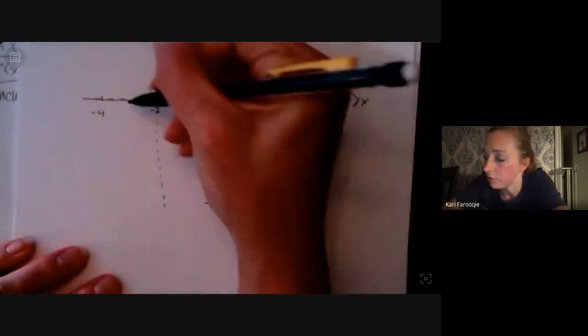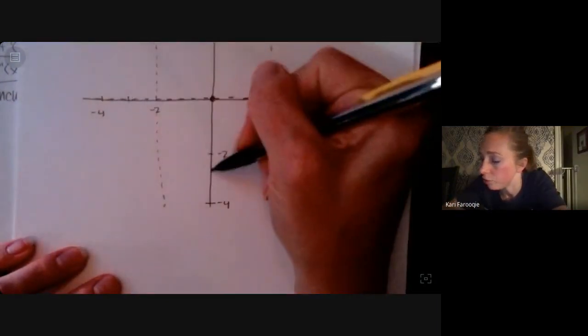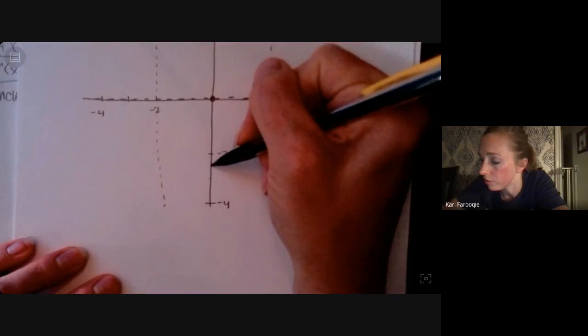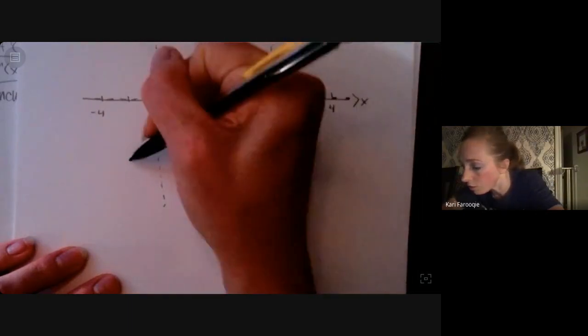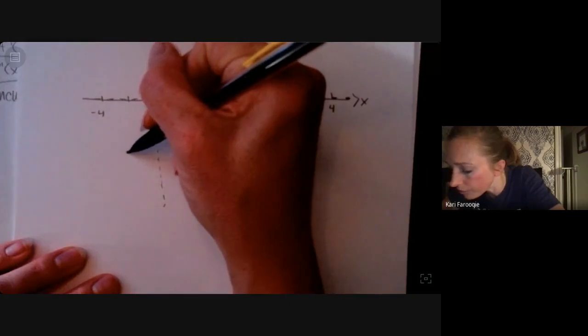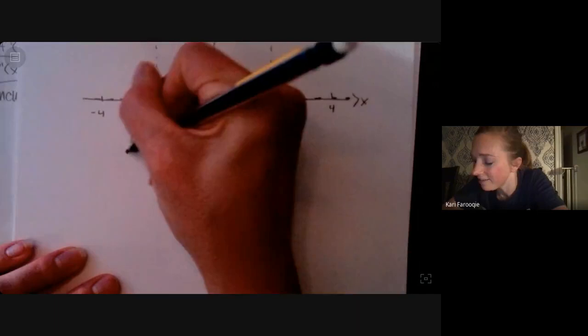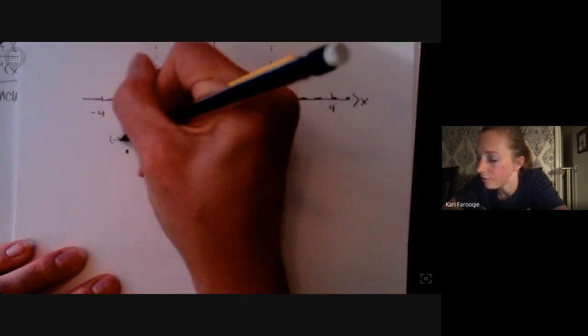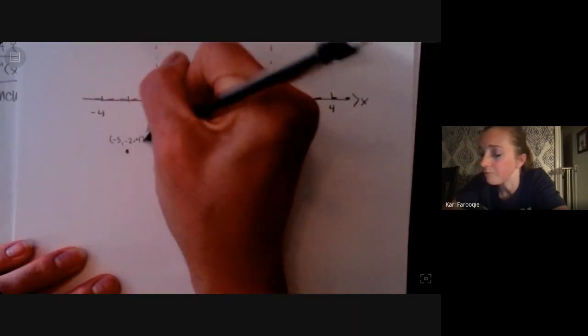So -3, -2.4. So if that's 3, that's about 2.4. You know, I'm just eyeballing it at a weird angle here. Yours will be much nicer, I'm sure. Okay, so that's our point at -3, -2.4.